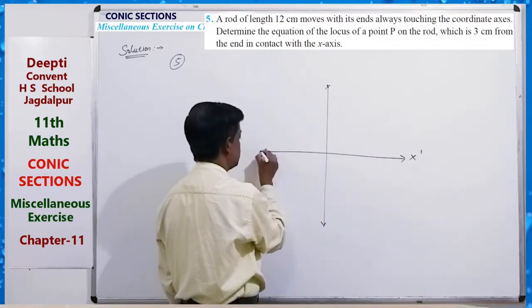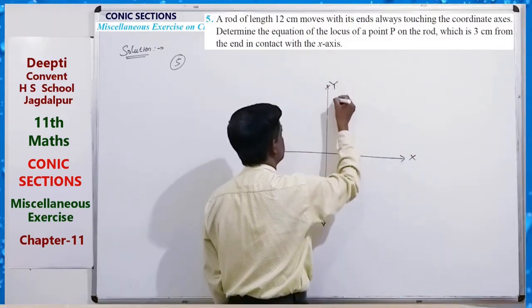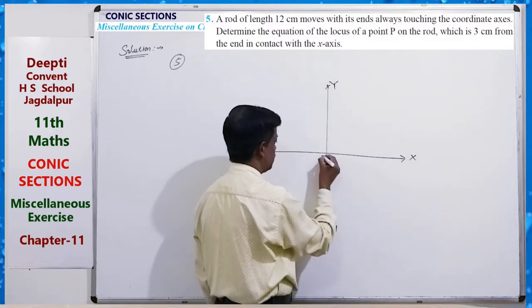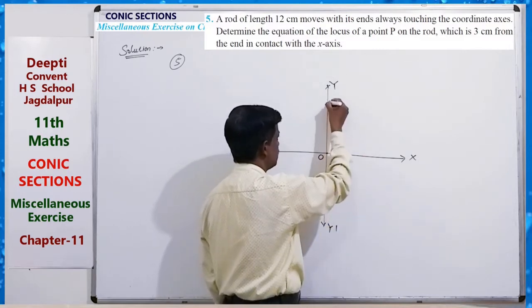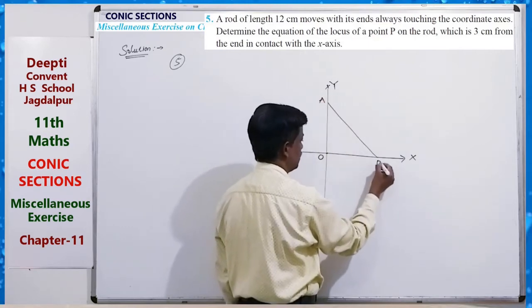This is x-axis, this is y-axis, origin, this is a rod, suppose AB.